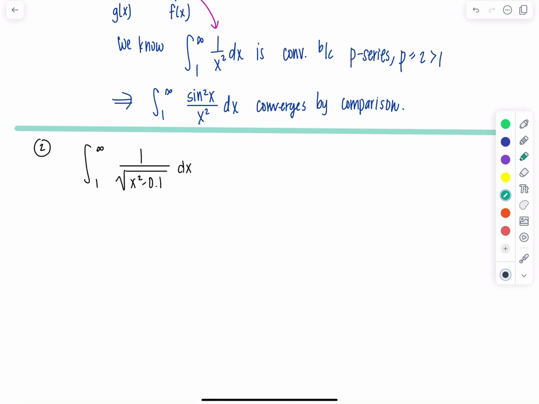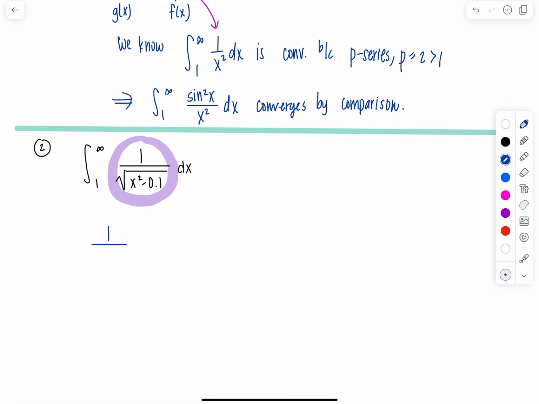Okay, we have to figure out, what do we suspect it's doing? In order to do that, I say just look at the leading term in the numerator and denominator of the function that you're trying to integrate. So here's our function. There's just a constant in the top, and then in the denominator, just look at the leading term. 0.1's not doing much.